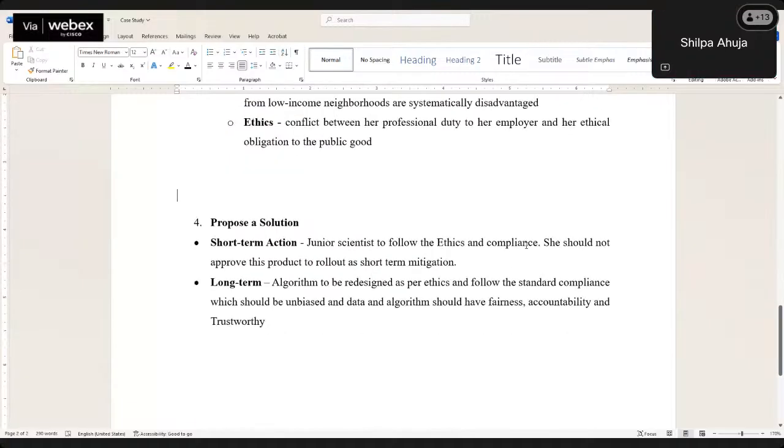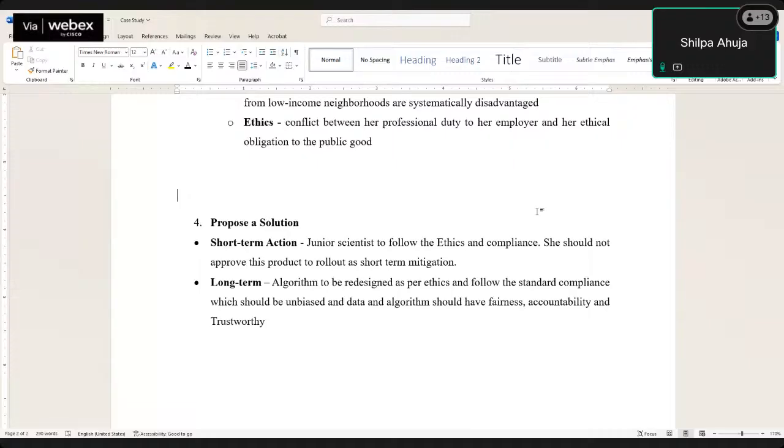And towards the last question, proposing a solution, we identified a few actionables here. The short-term action plan would be to disallow the approval and rollout of the product. That will be the short-term mitigation strategy. It's better to not roll out anything which we know has some inherent bias and could bring ethical and legal obligations for the firm.